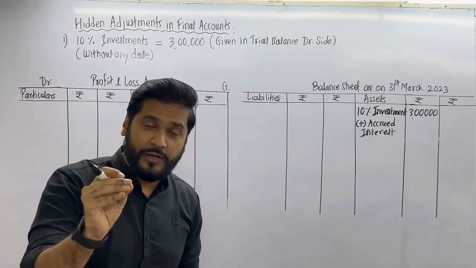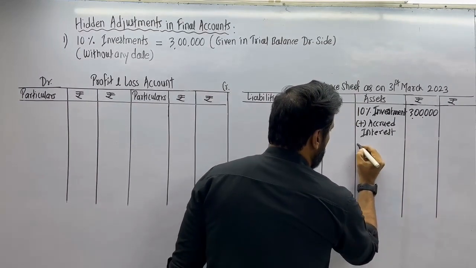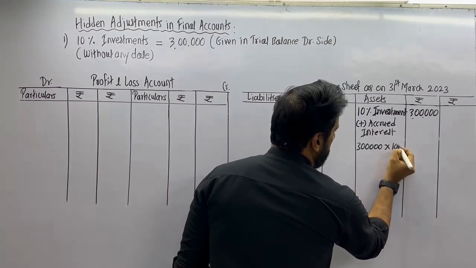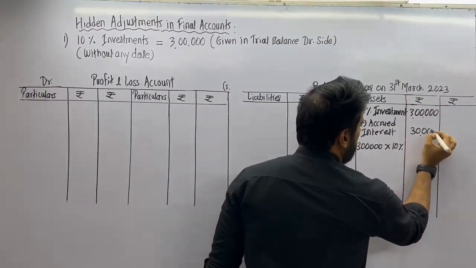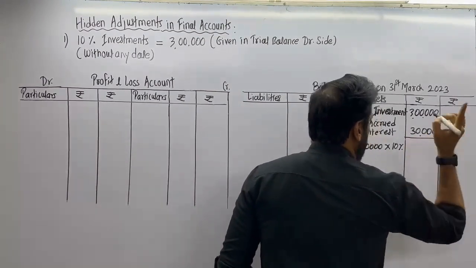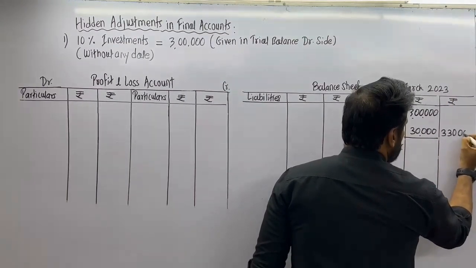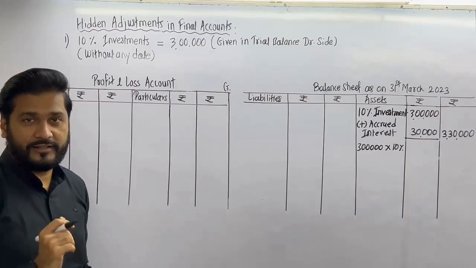So from 1st April to 31st March, you will calculate the full year's interest. In this example, 3 lakh into 10% for the full year comes to 30,000. And then you will write the total investment value outside: 3 lakh 30,000.